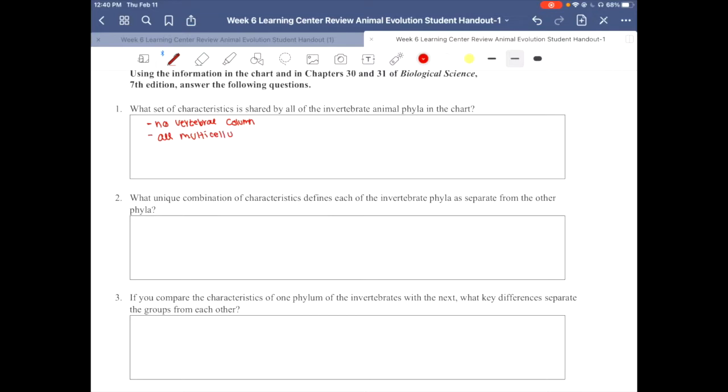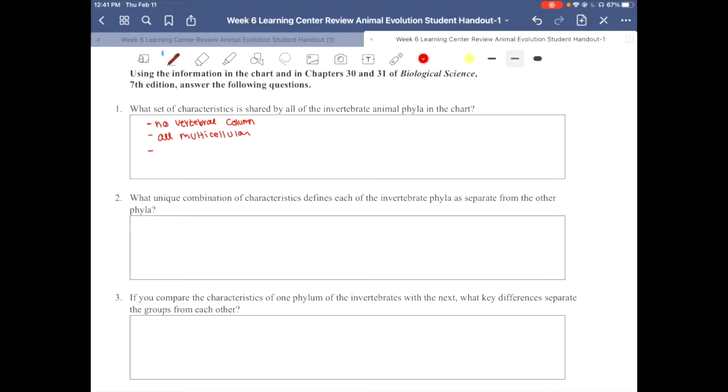And do you guys think that they're all autotrophs or all heterotrophs? So all the invertebrate animals that we looked at, yeah, that's the right answer. Heterotrophs, that's what I was looking for.